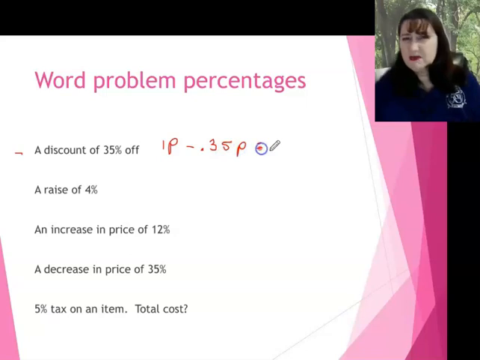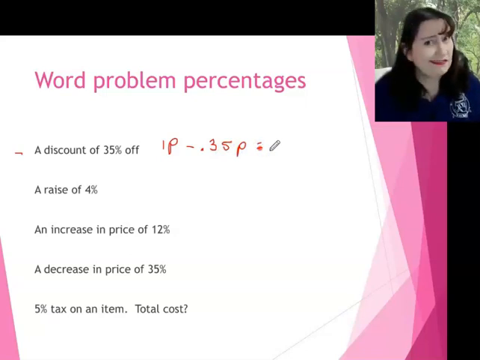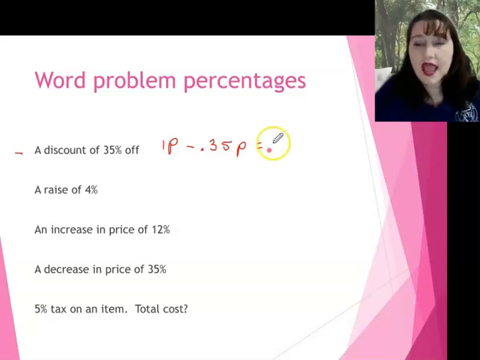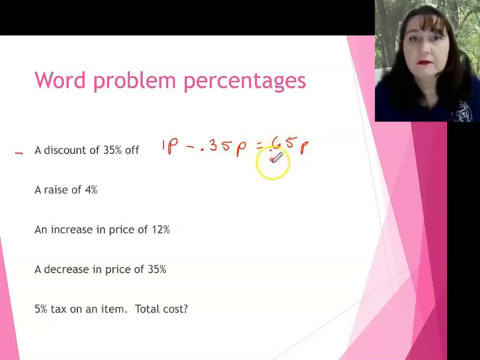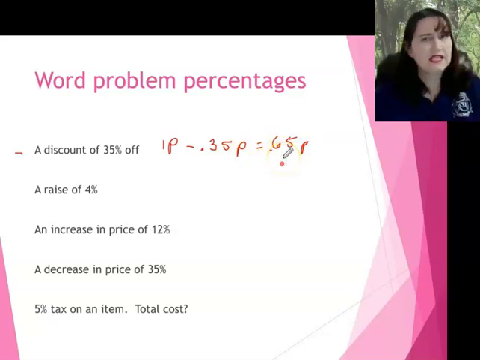I want to know, how much am I actually paying for this? I mean, I'm getting 35% off, but what am I actually paying? You're actually paying, because it's 1 minus 0.35, 65%, okay? So we would write this as 0.65p. So that way we would know that that's our price.